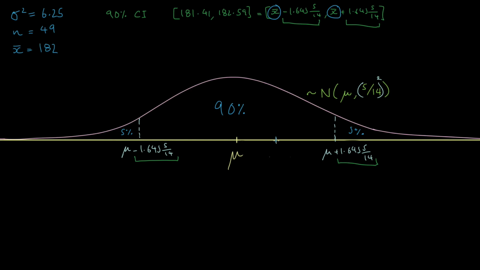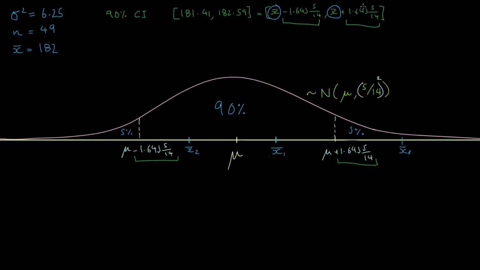And so for example, a random draw from this sampling distribution could be here at x bar 1, it could be here at x bar 2, or here at x bar 3. It could be anywhere with different probabilities determined by our normal probability density function. And so by construction the length of this confidence interval is the same as the length of the interval in the true distribution that contains 90% of the values.